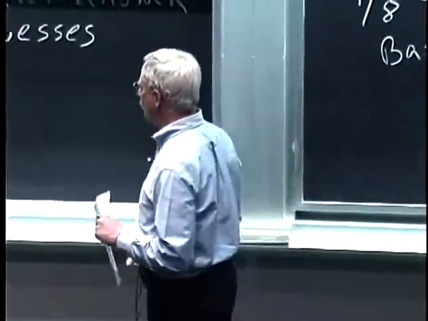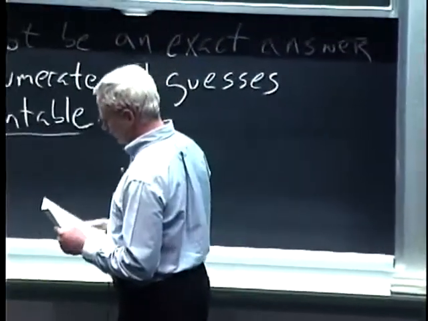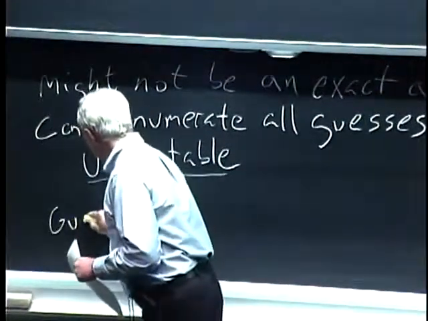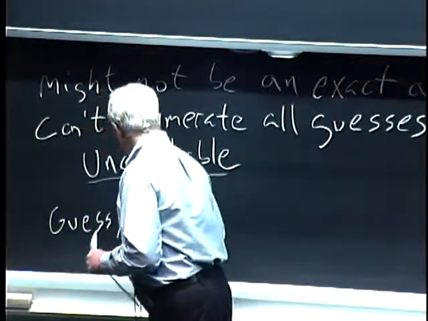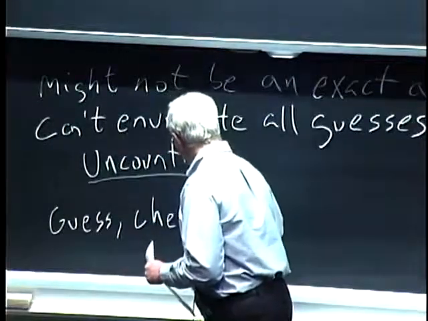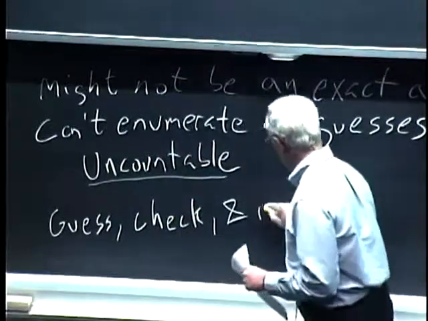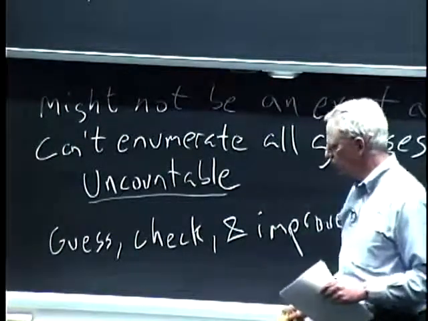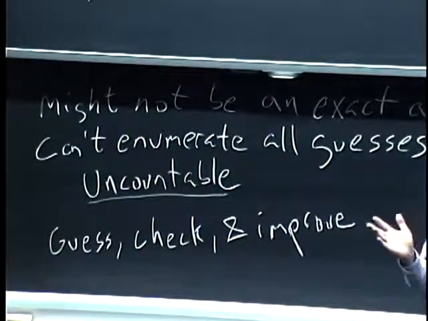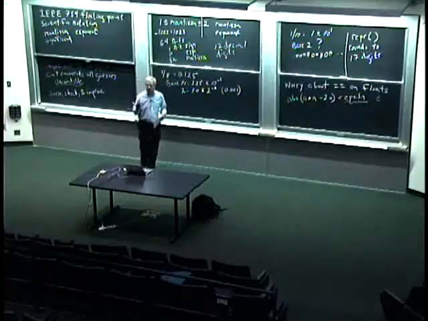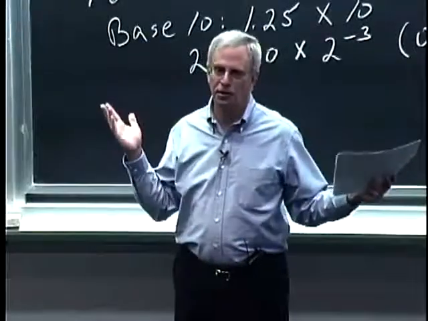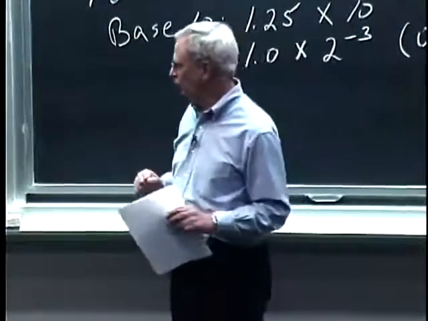So we're going to take our previous method of guess and check and replace it by something called guess, check, and improve. Previously, we just generated guesses in some systematic way, but without knowing that we were getting closer to the answer. Think of the original barnyard problem with the chickens and the heads and the legs.